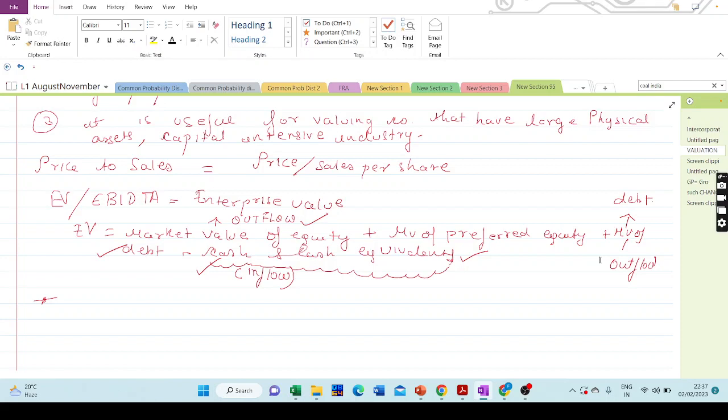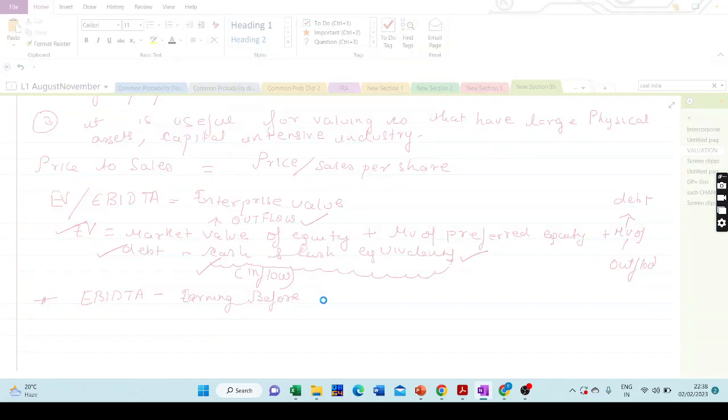Okay, guys, now we've discussed what EV is. What is EBITDA? What does EBITDA stand for? Earning before interest, depreciation, tax and amortization. Sorry, I missed out on when the market value of debt is not available.